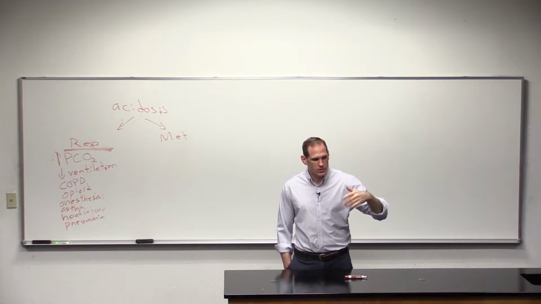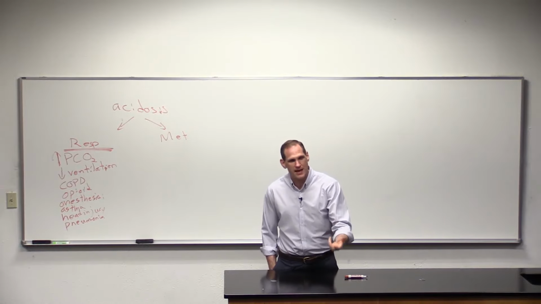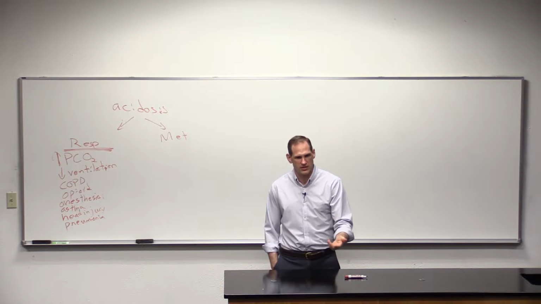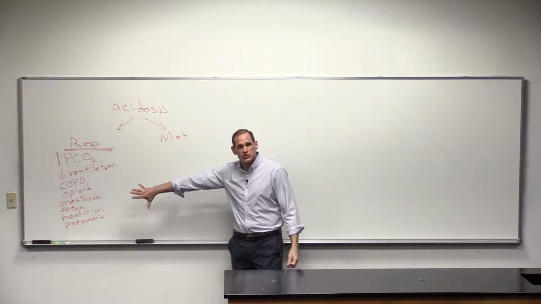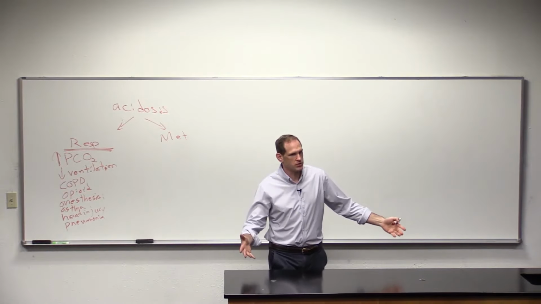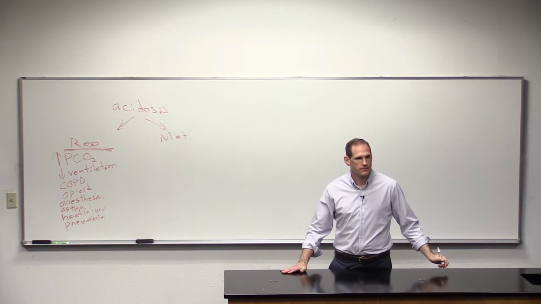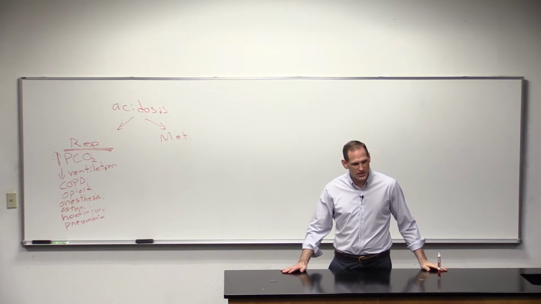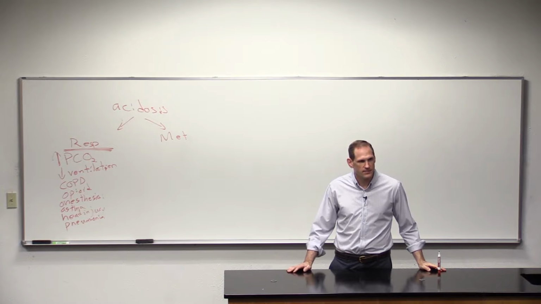So it's either you have a decreased drive to breathe or you have some sort of physical abnormality that's preventing normal ventilation. But one way or the other, you're not ventilating enough. So what is the ultimate solution to respiratory acidosis? Not necessarily give oxygen, because that's not going to change their carbon dioxide.